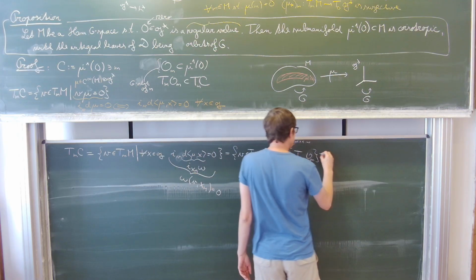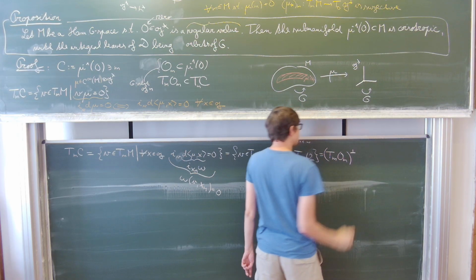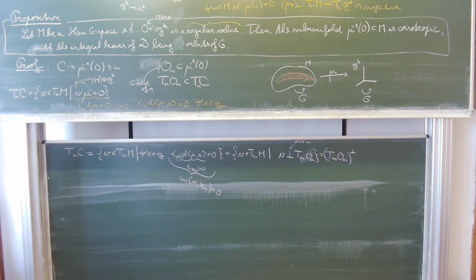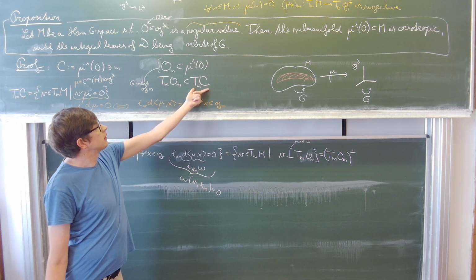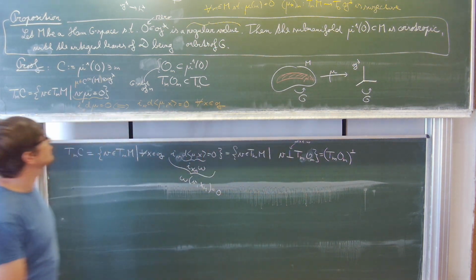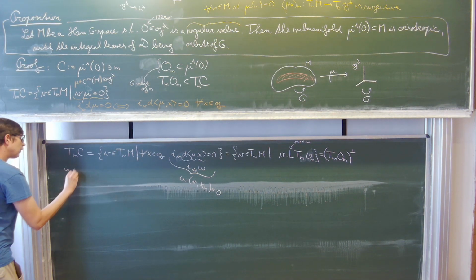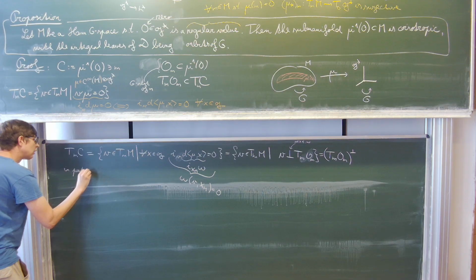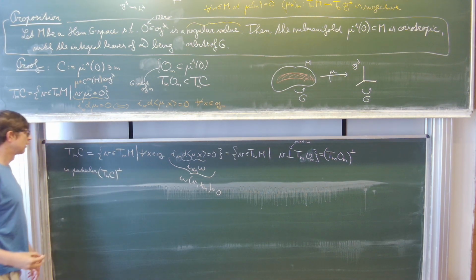Okay, so well, this is simply the orthogonal complement of this thing. And that's it. Because now I know that, in particular, to check coisotropy, I need to check what this is.